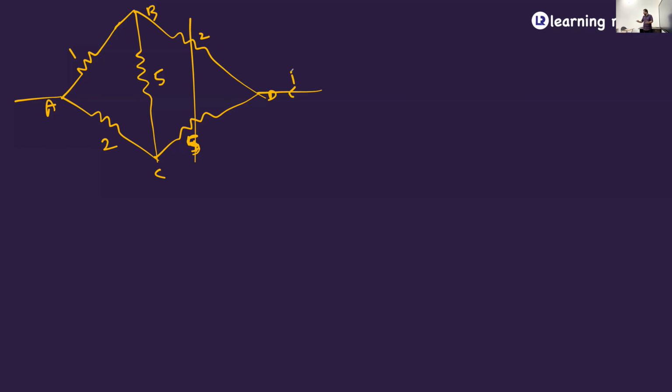Current gets divided, so 2 and 5 are in parallel. When 2 resistors are in parallel, it will be R1 R2 divided by R1 plus R2. It is going to be 10 divided by 7. So I have a resistor which is 10 by 7 here.